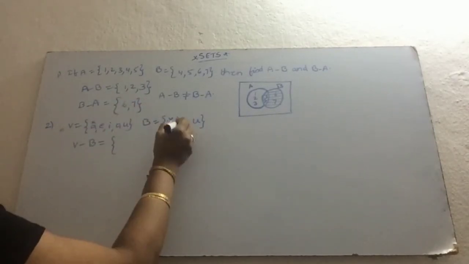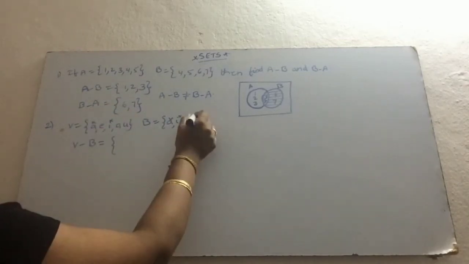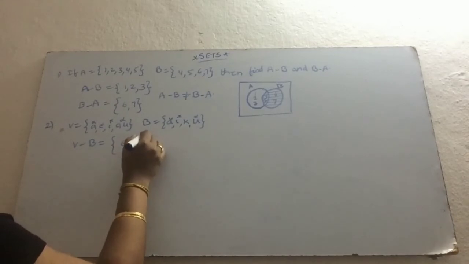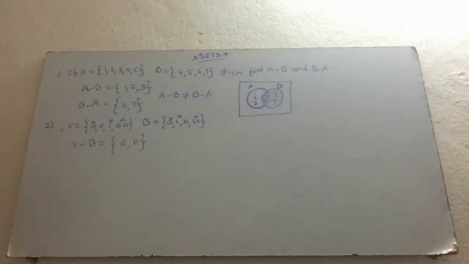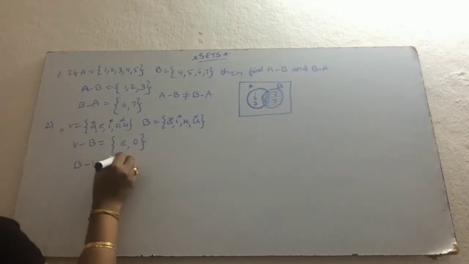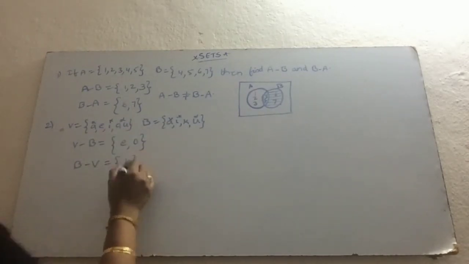So I also there. U also there. So what are remaining? E comma O. And the next B minus V. B minus V. What are remaining? K only.